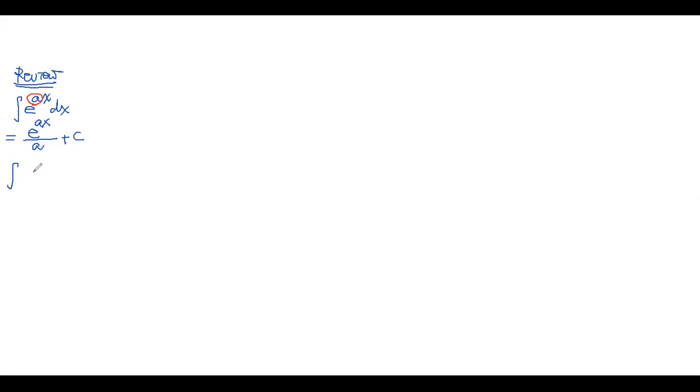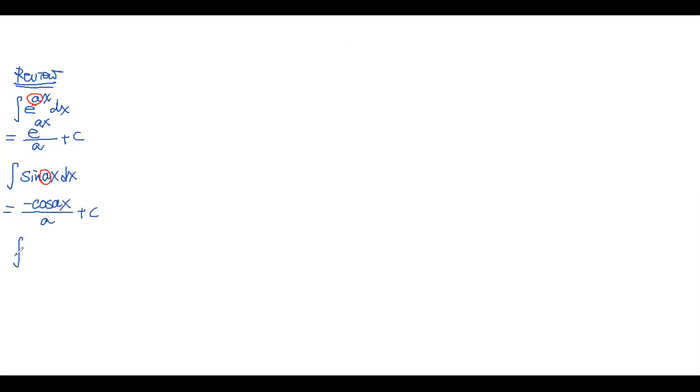And also for the trig functions, for example, if you have sine ax dx, what is the integration here? Because I also have the constant here, the integration, I hope you all remember, will be negative cosine ax, of course divided by a, the constant.